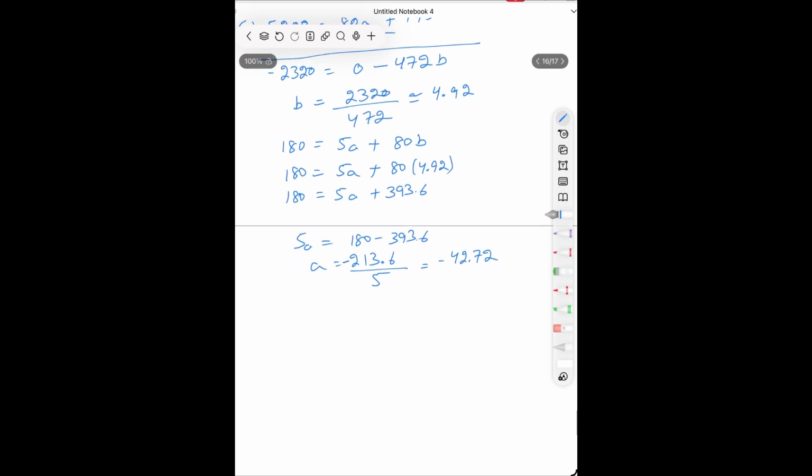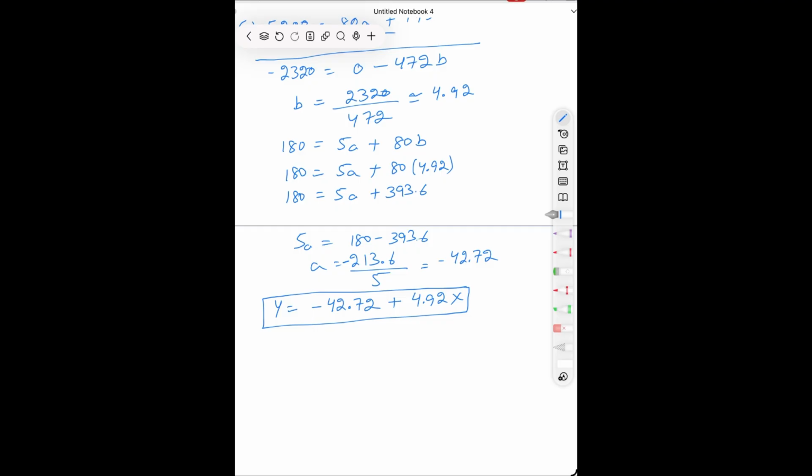That would mean the regression equation in this situation will be y is equal to minus 42.72 plus 4.92x. This will be my regression equation of y on x.